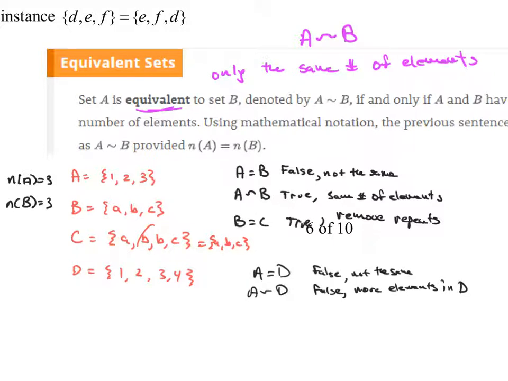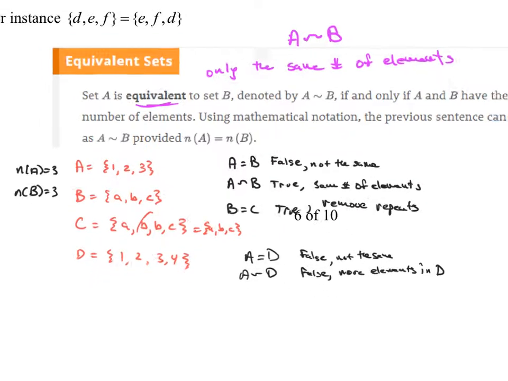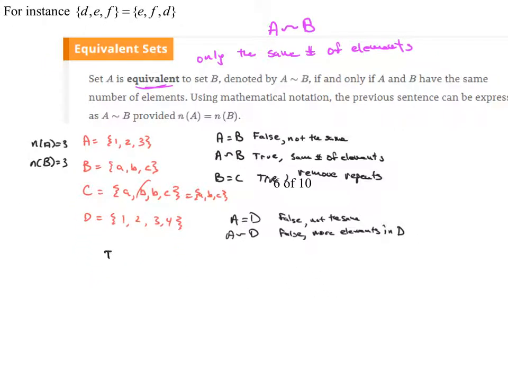Okay? And we could go back and forth and make so many different comparisons here, but I just wanted you to get this idea. I want to stress something else with you as well. Usually the problem is going to say, is it equal, equivalent, both, or neither?